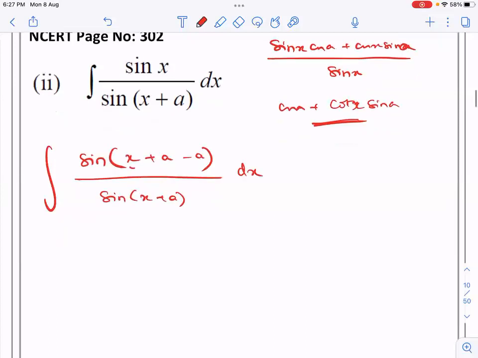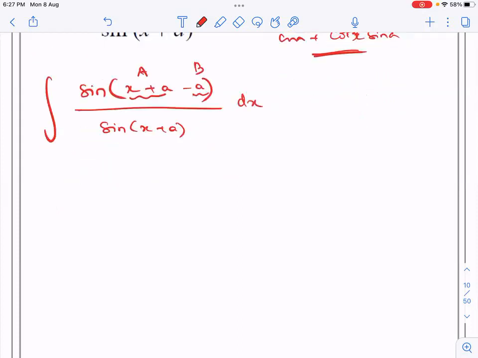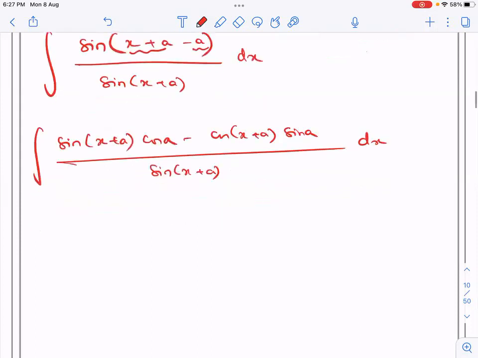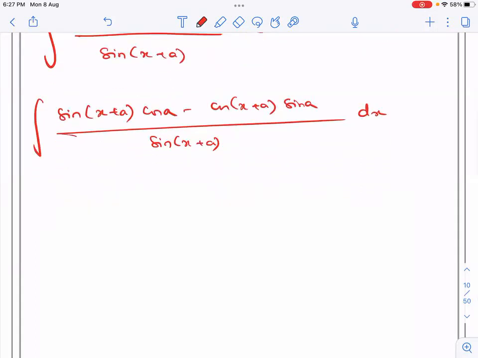So that this x plus a, I'll take it as capital A, and the small a, I will take as b. Then it becomes the integral of sin a cos b minus cos a sin b divided by sin of x plus a dx. Is the problem solved?